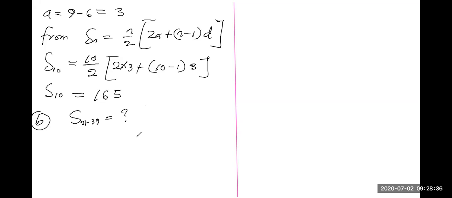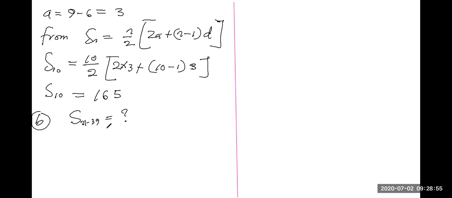Assuming they had asked us to calculate the sum of the first to the 39th term, with n equal to 39, I could have just used this formula and gotten the answer done. But we are asked for the 21st to the 39th term, in between.